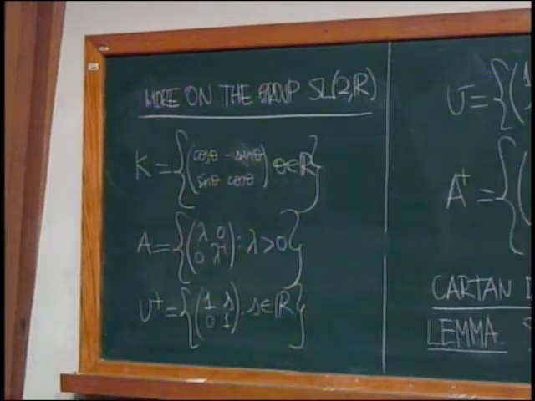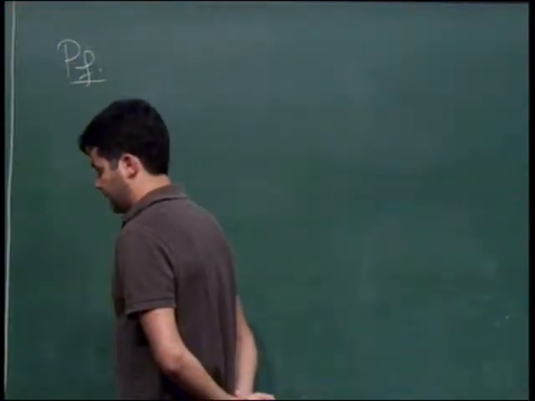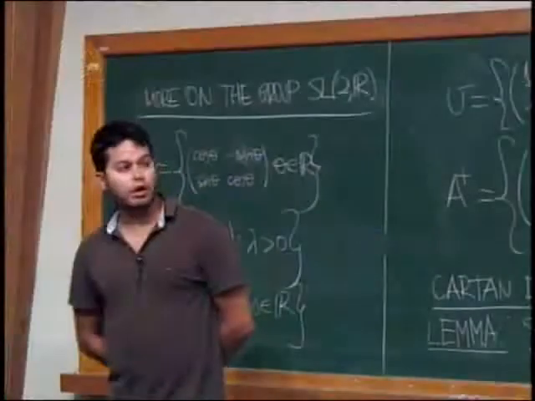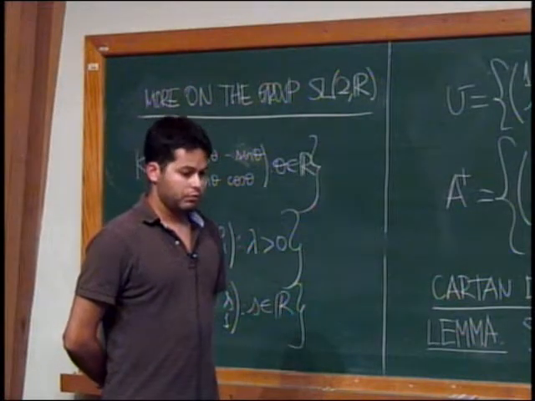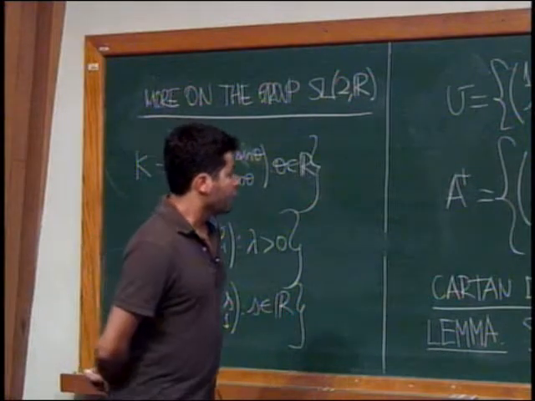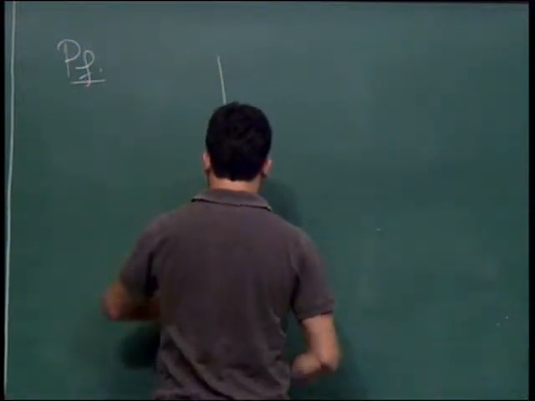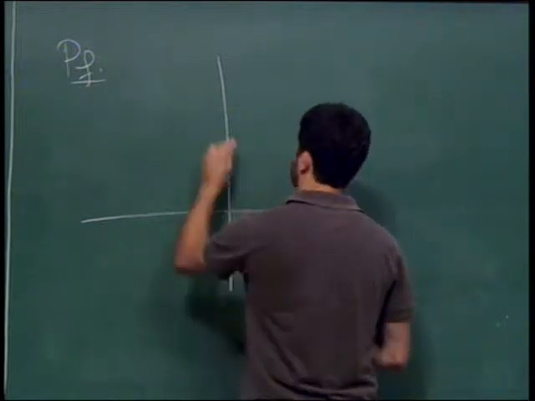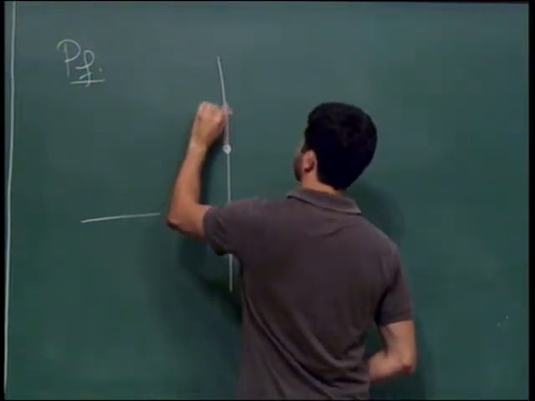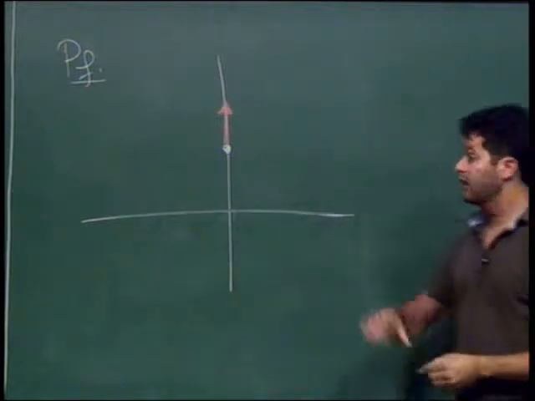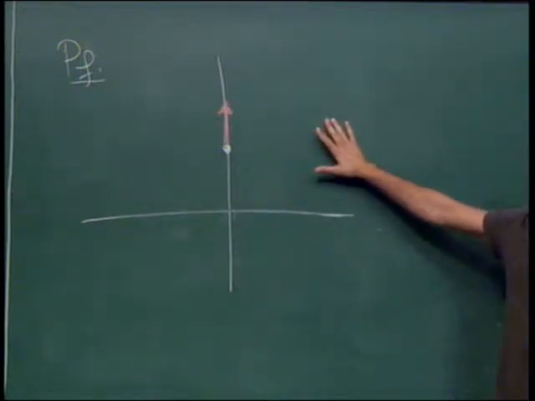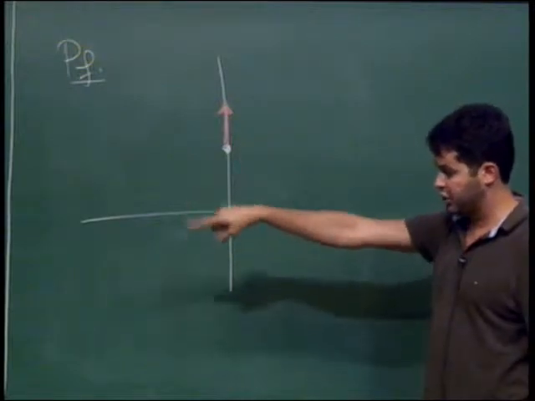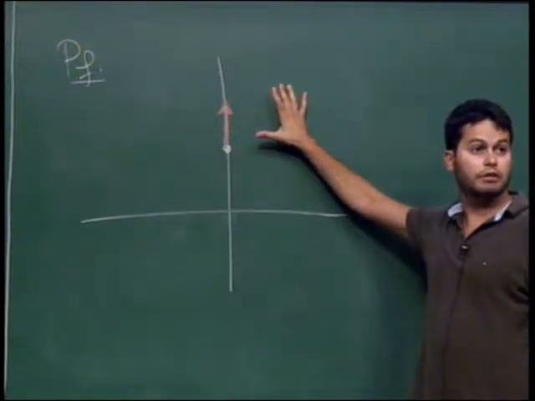Let me try to explain this better. If you start with a reference vector, which we always fix here, you can get any other vector of the unit tangent bundle of the hyperbolic space by applying the derivative action of SL2R on this vector, right?